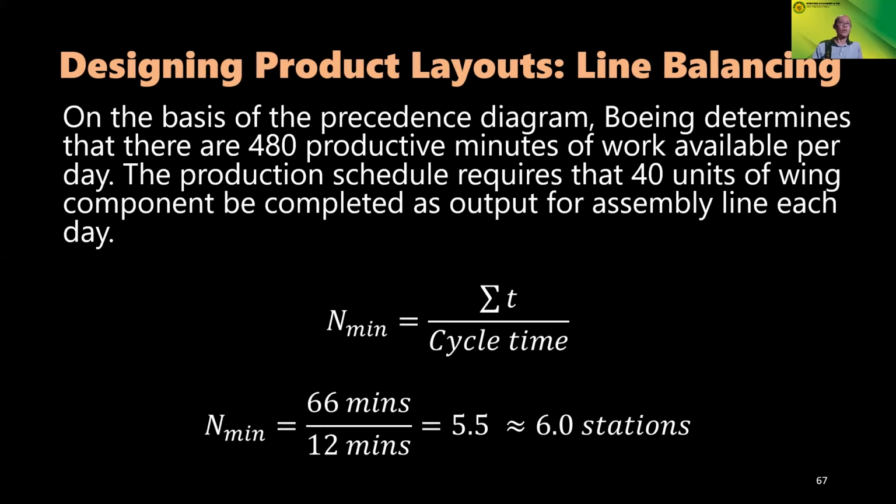So therefore, our theoretical minimum number of workstations is roughly equal to 6 stations. Take note, however, that this is the minimum number of workstations. Therefore, the number of workstations should not be below 6 stations but could go higher.